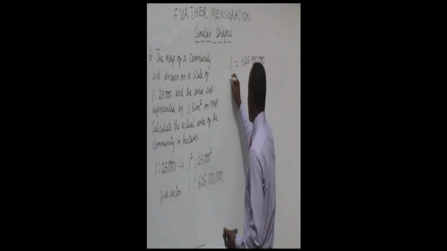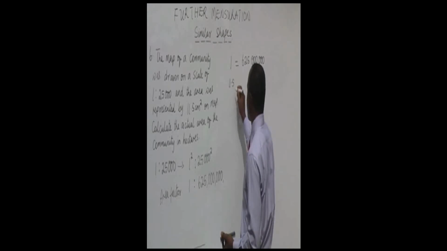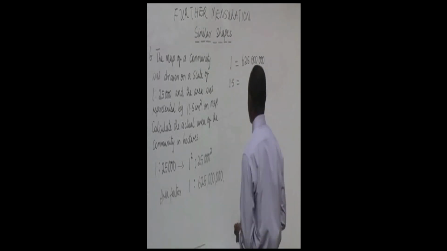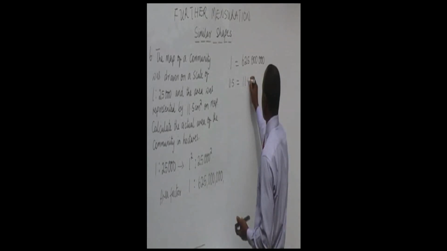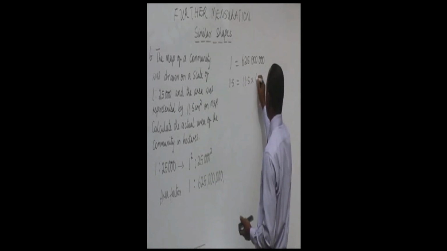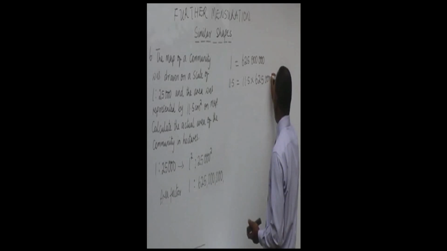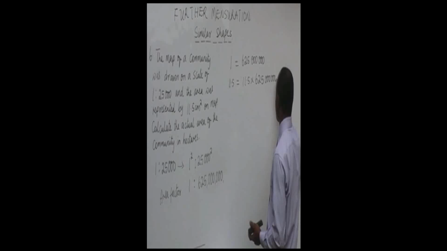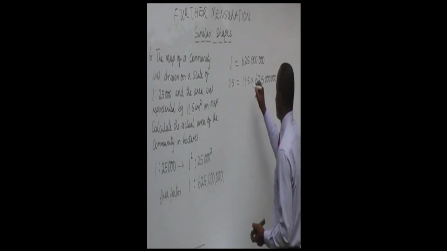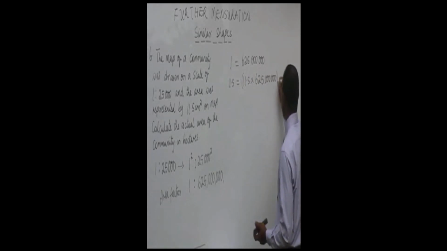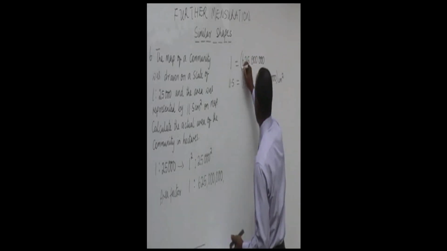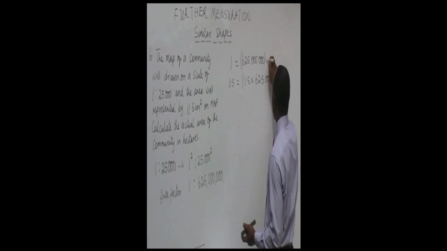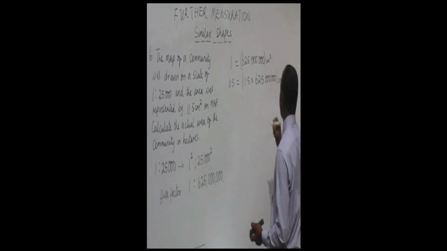Now 11.5, by direct proportion, is going to be 11.5 times 625 million. Remember, this is centimeters squared.